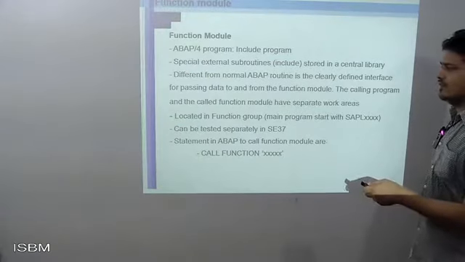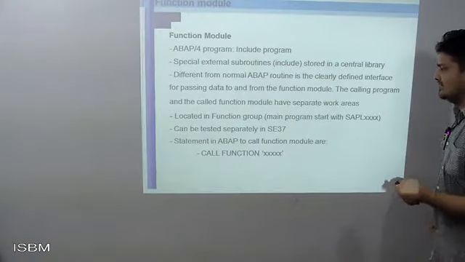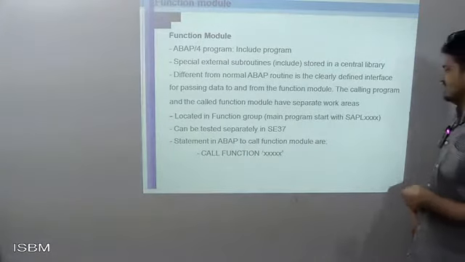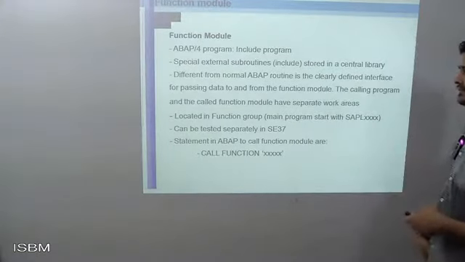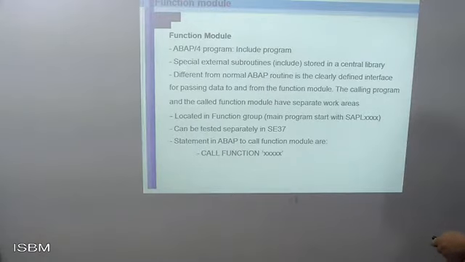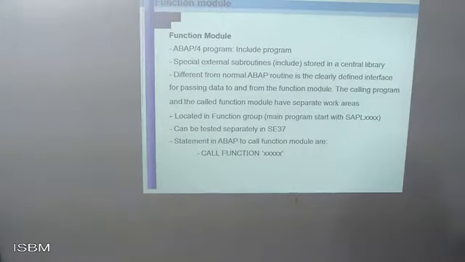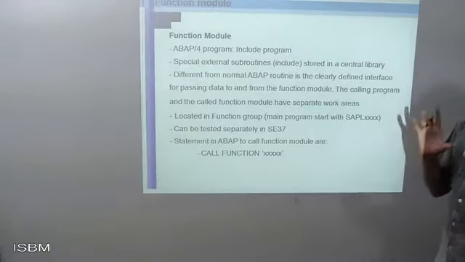The calling program and the called function module have separate work areas. It is located in a function group, the main program starts with SAPL, it can be tested separately in SE37, and there is an ABAP statement to call a function module. Basically, the function module is nothing but a piece of code.